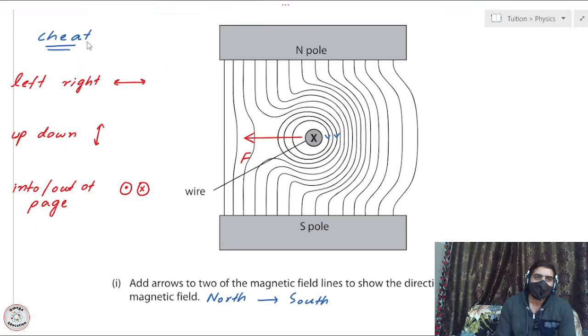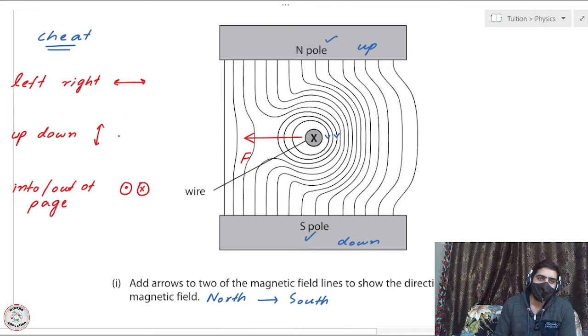Now think about it, up and down. That direction is already occupied by the magnetic field. Magnetic field is from top to bottom, from up to downward. That is your direction of magnetic field, from up to down.